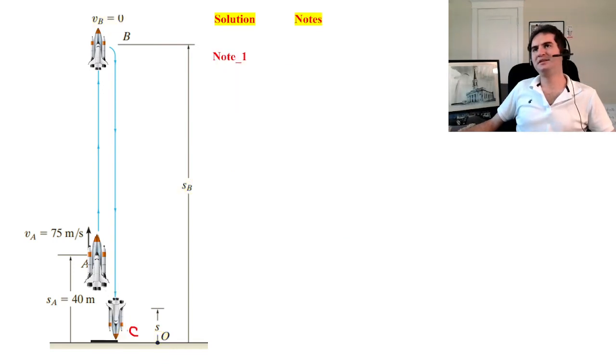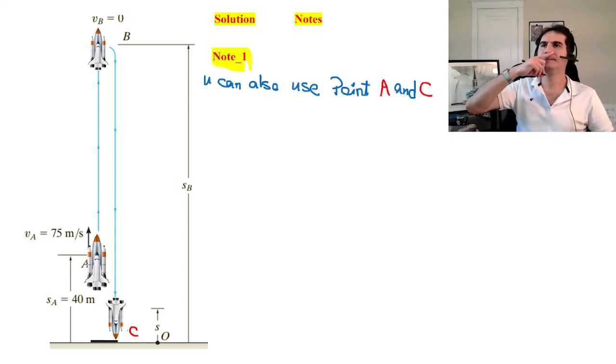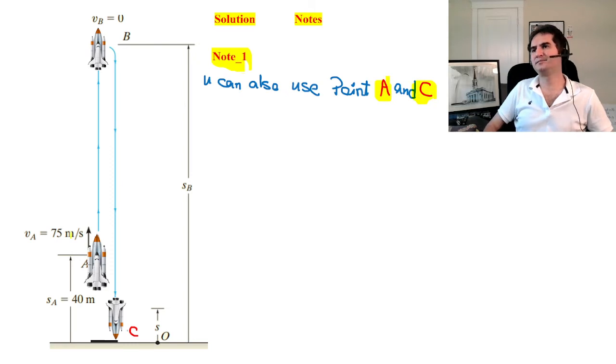Just remember that you can also use the points A and C instead of B and C for calculation of the velocity just before hitting the ground. How is that?